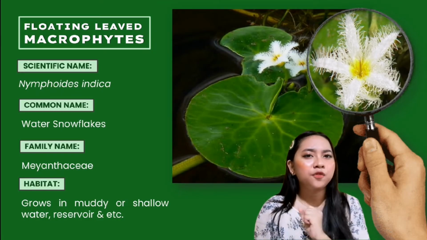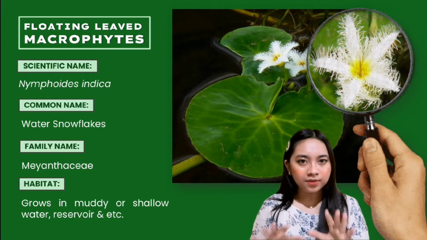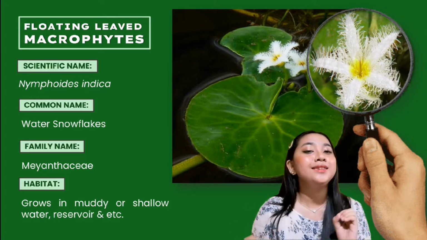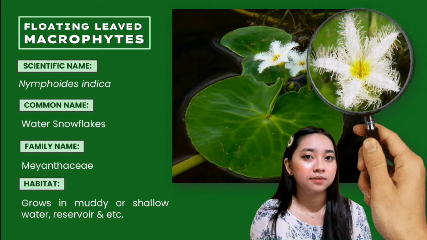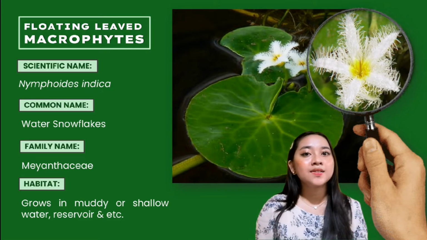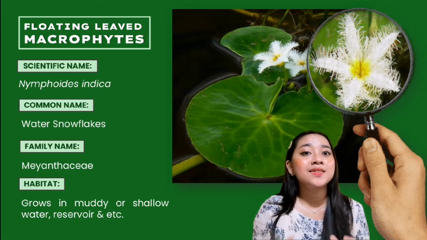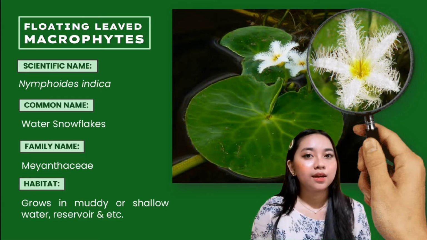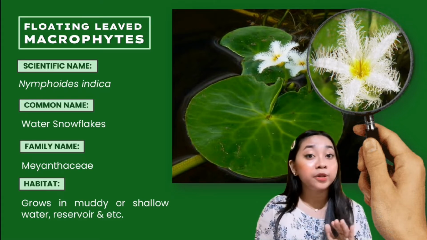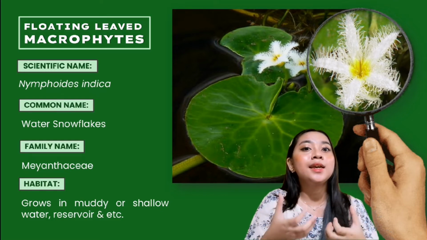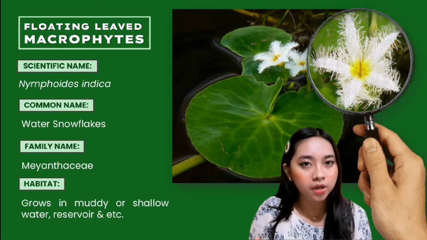Another example of floating-leaved macrophytes is from the scientific name of Nymphoides indica, commonly known as water snowflake, belonging to the Menyanthaceae family. It is an evergreen perennial plant growing in mud and shallow water.